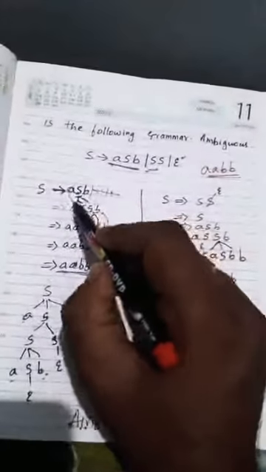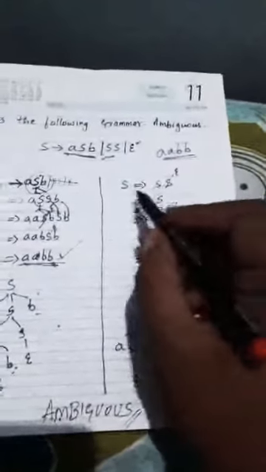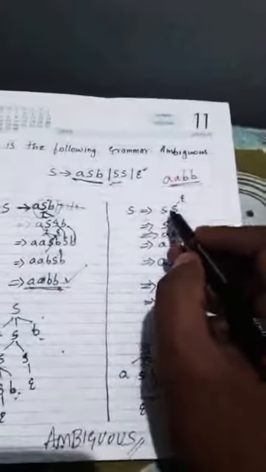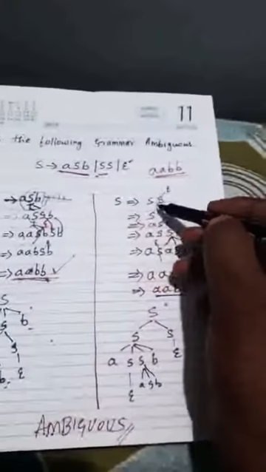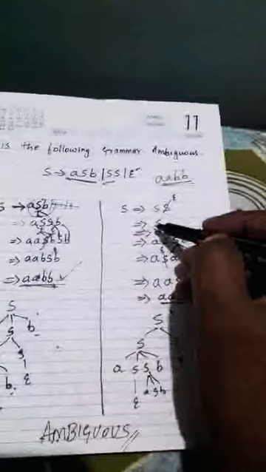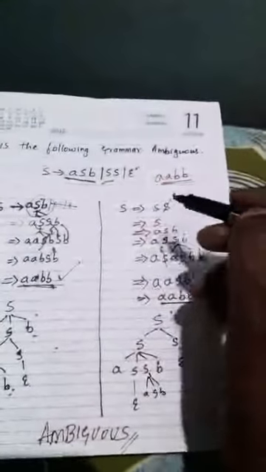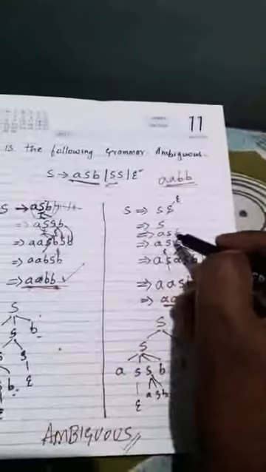Let us see the second derivation. Here we started with ASB, but here let us start with SS. So S tends to SS, where the value of this S I'll replace with epsilon. So you will get only S, right? Next, S can be replaced with ASB.